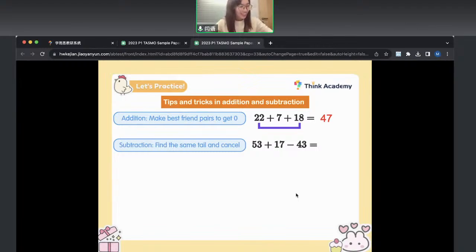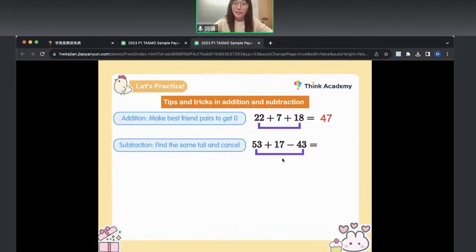Okay. So here, everyone, let's have a look. Actually, you can also try to find the best friend pairs, right? Because some students will tell me, okay, Teacher Apple, I can see 53 and 17. So here we have a 3 and 7. Yes, we can make a 0, right? Okay, that is a way. But can you find another way? Look, 53 and 43, they have the same tail.